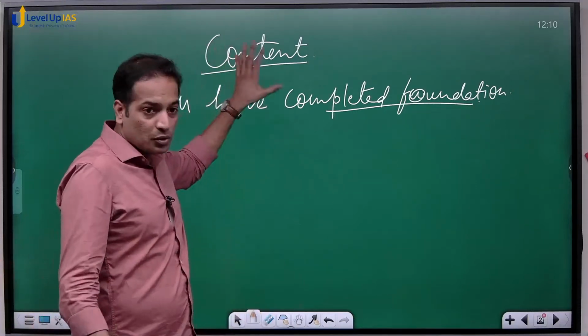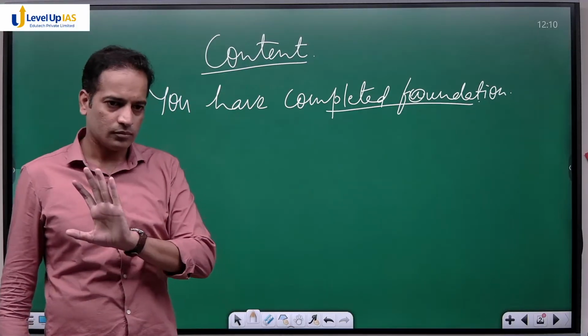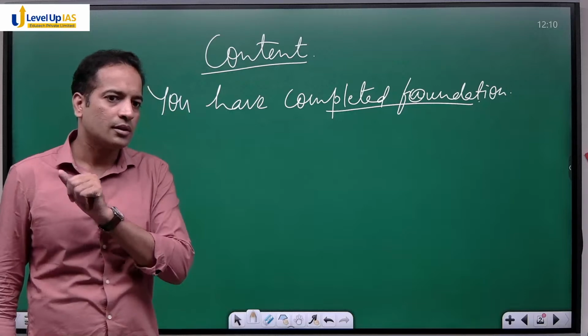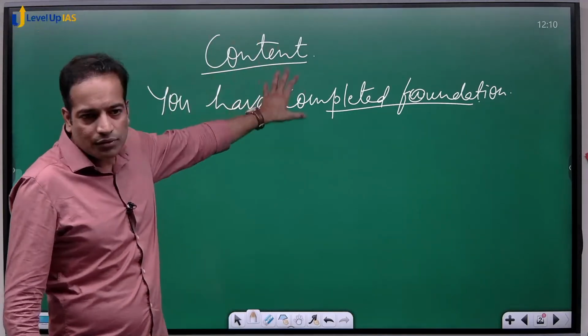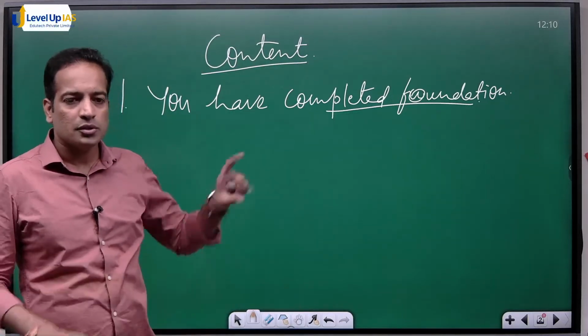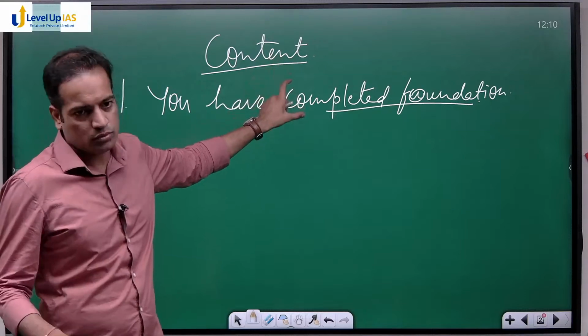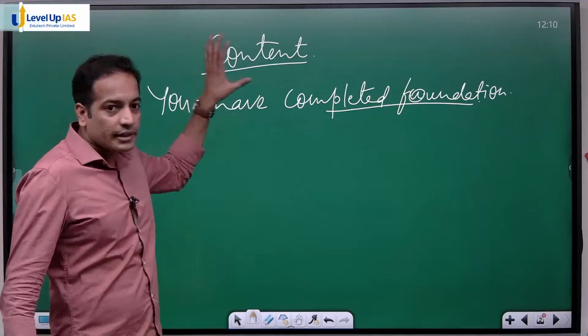So what you are doing now will be helpful post prelims in your mains, because there you already have the skill of answer writing. So after writing 1 or 2 answers, naturally you will get back your mojo, right? And moreover your content is there.